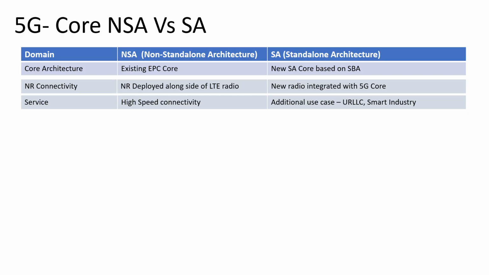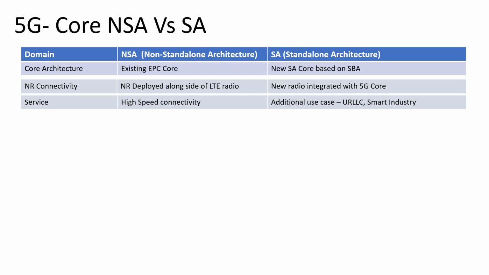But apart from that, there are other use cases of 5G which are related to URLLC, which is ultra reliable low latency communication, AR/VR, right? Smart industry, right? Maybe connected car, right? Maybe the smart industry, or let's say factories, in 5G we are trying to automate the factory, right?